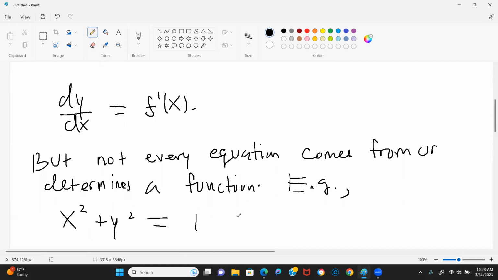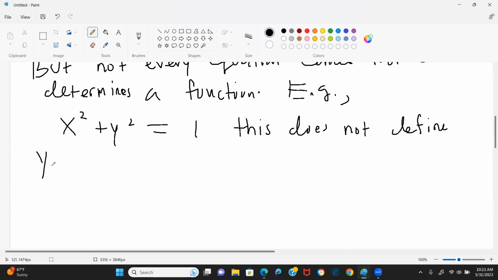This does not define y as a function of x, because if you try to solve for y in terms of x, you're going to end up with a plus or minus square root. So there's no unique point.